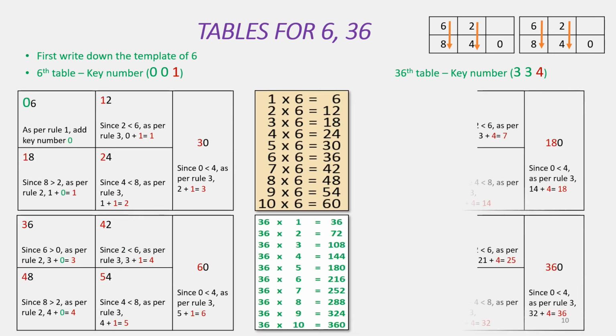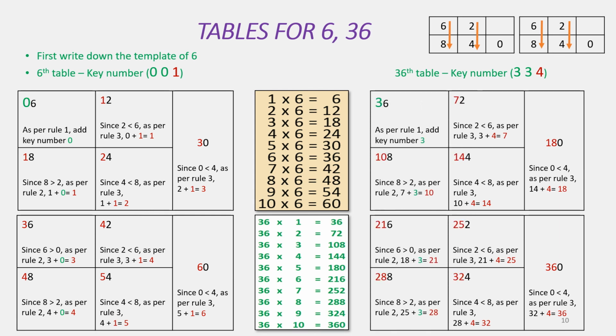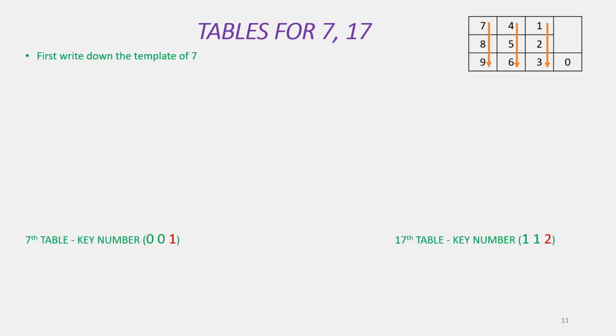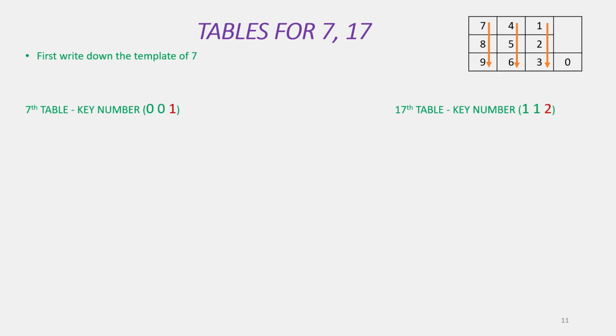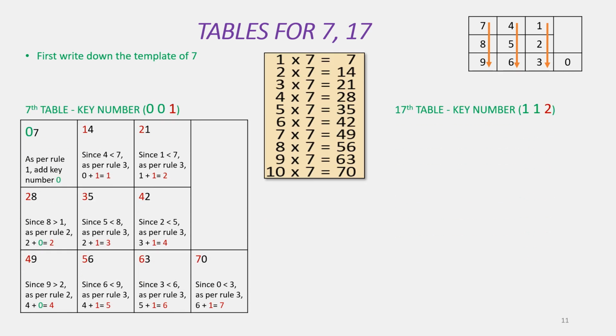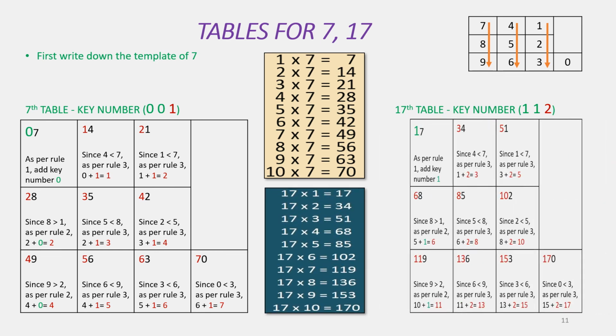Again use those three rules and write it in an easy way. Here are the tables for 7 and 17. As the tables end with number 7, we have to use the 7th template. Use the key numbers accordingly and write the multiplication table by following the three simple rules.